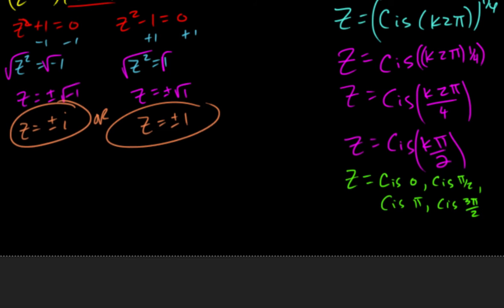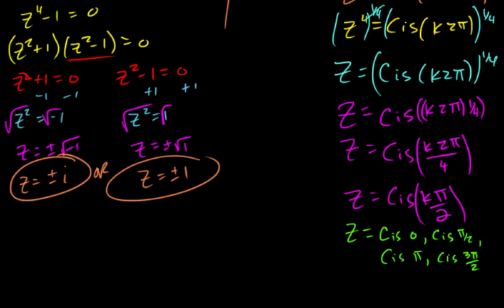Okay. Now we just want to evaluate all of those. So remember, cis 0 is going to be equal to cosine 0 plus I sine 0, which cosine of 0 is 1, sine of 0 is 0, so overall that's just a 1.